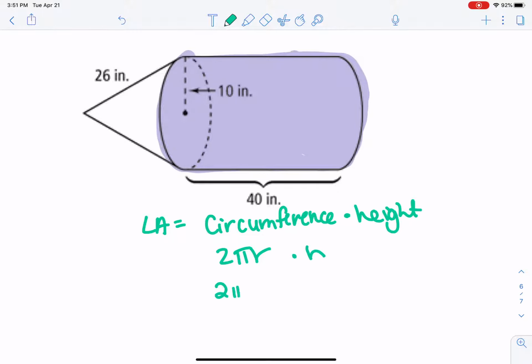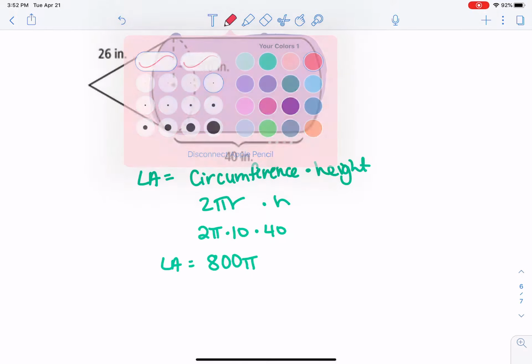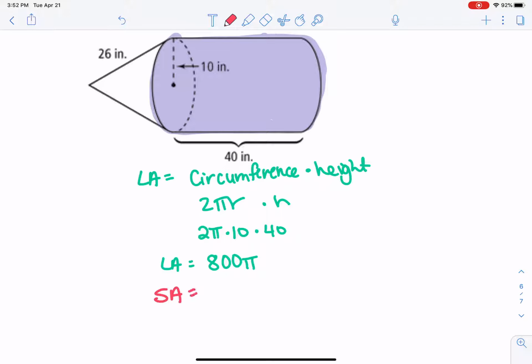So 2 times pi times 10, and then that height is 40. So it looks like I've got 800 pi. Let me double check that. 800 pi. And then you could turn that into a decimal if you'd like. That's the lateral area.